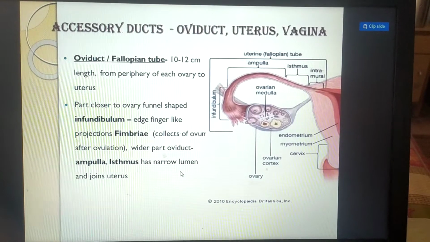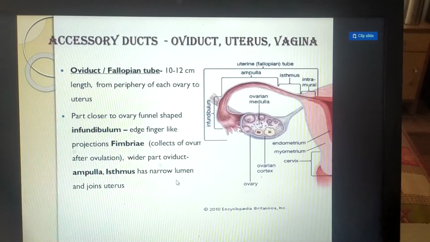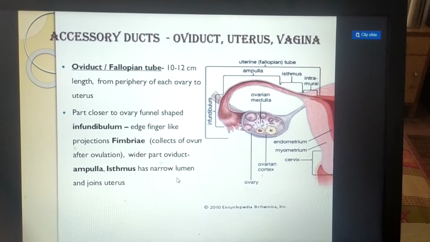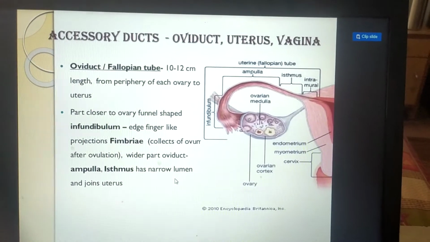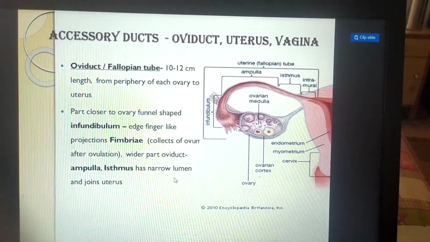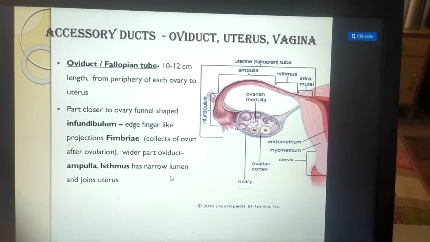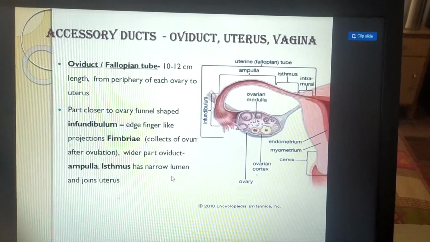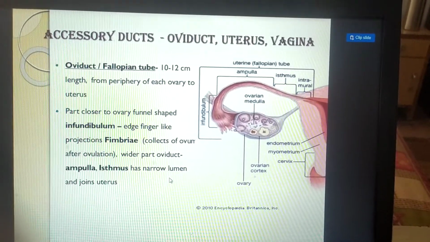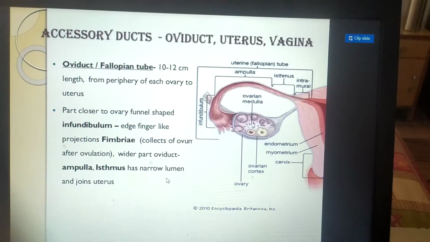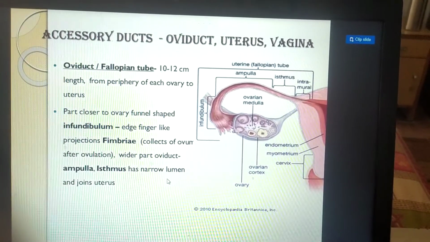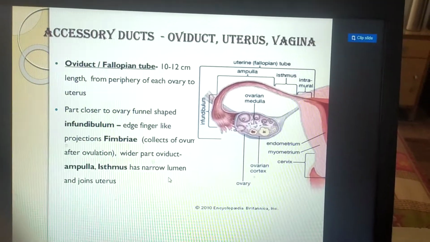The oviduct, also known as the fallopian tube, is about 10 to 12 cm in length from the periphery of each ovary to the uterus. The part closer to the ovary, funnel shaped, is known as the infundibulum, and at the end of the infundibulum there are finger-like projections known as fimbriae. The role of fimbriae is to collect the egg after ovulation. The wider part of the fallopian tube is known as the ampulla, and the isthmus has a narrow lumen and joins with the uterus.